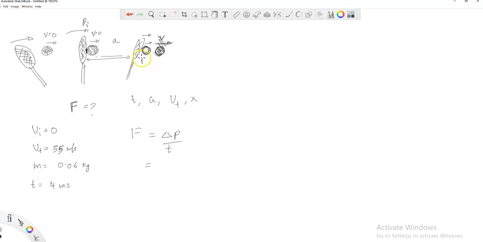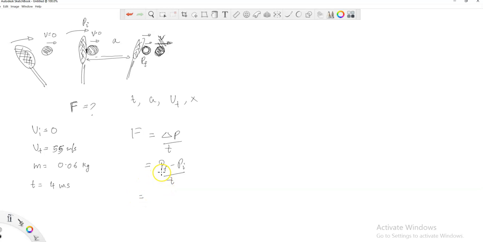This is our final state. So P final minus P initial over time. Delta P, the change, is final momentum minus initial momentum, divided by time.